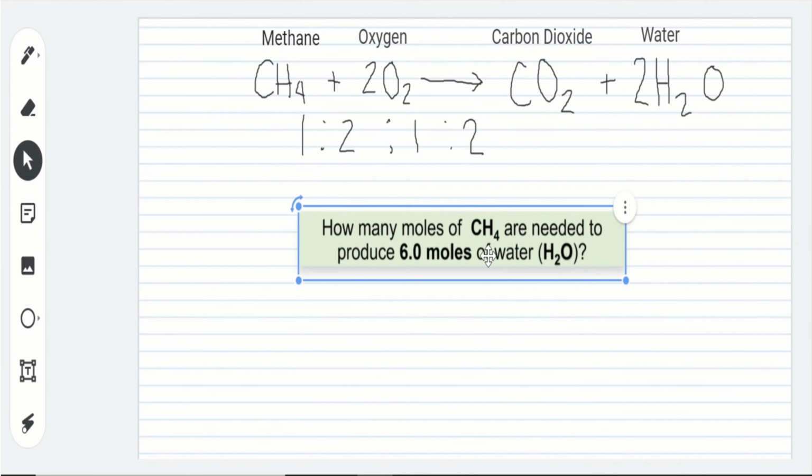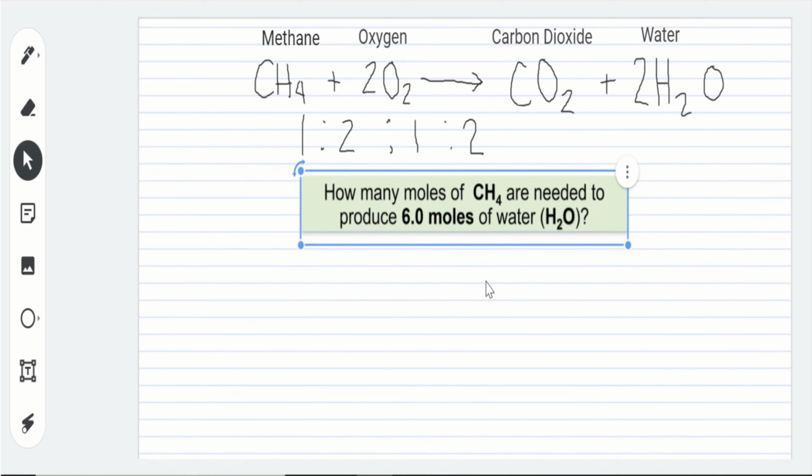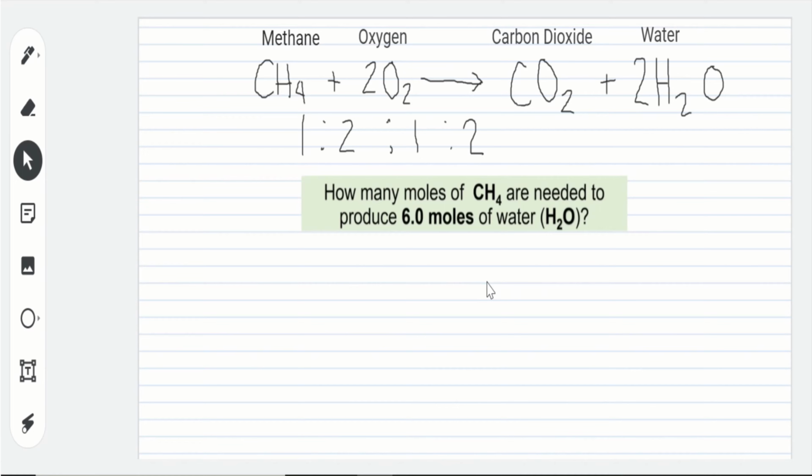Alright, so let's have a sample problem here. How many moles of methane are needed to produce 6.0 moles of water? We know from our chemical equation that for every 1 mole of methane, we can produce 2 moles of water.